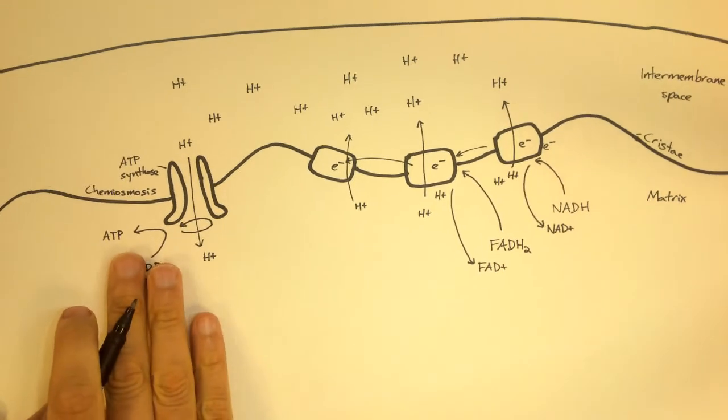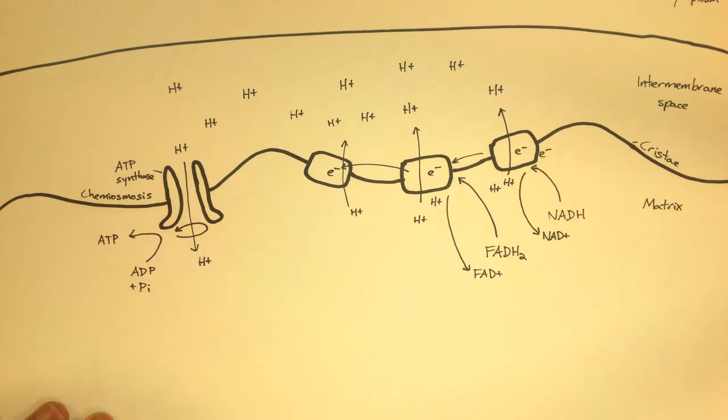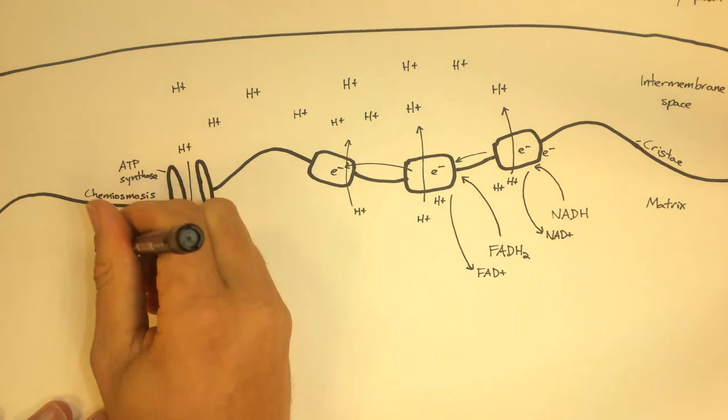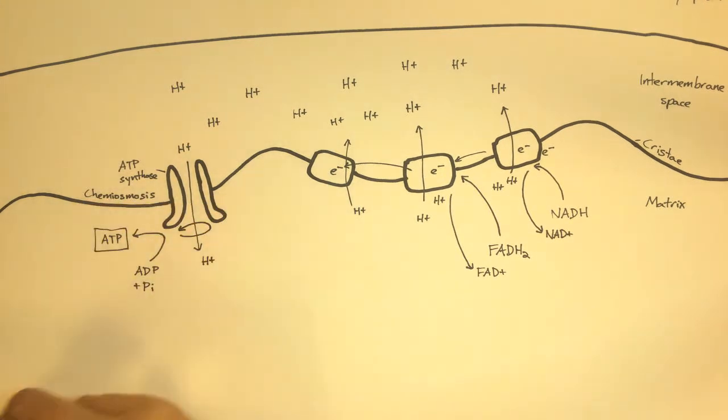Something to note here, a lot of ATP is made in this process. Lots and lots of ATP. Estimates vary per glucose molecule, but you'll see numbers anywhere from 28 to 38 molecules of ATP as a theoretical number that is made by each glucose molecule.